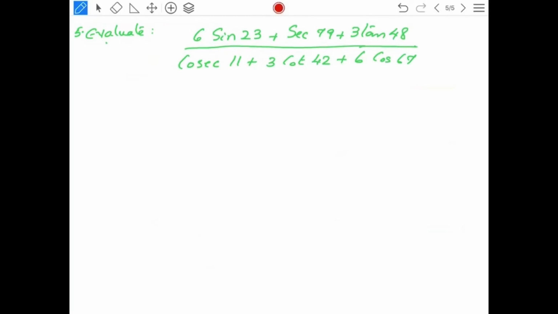So here the angles are given. Here also we will convert secant 79 is equal to secant 90 minus 11. So it becomes cosecant 11.